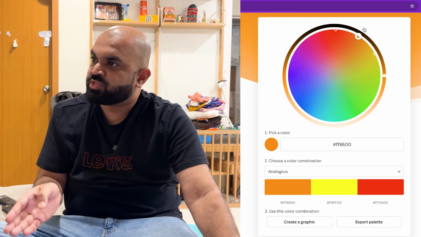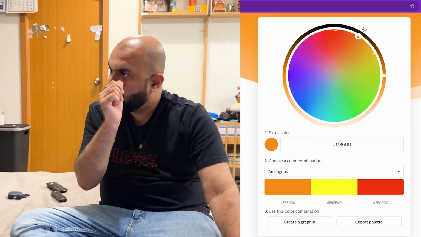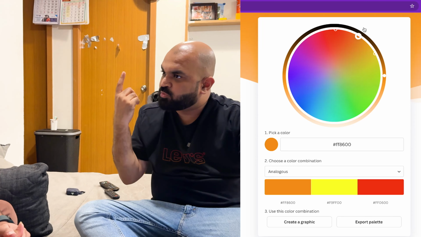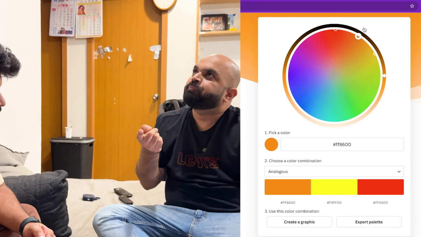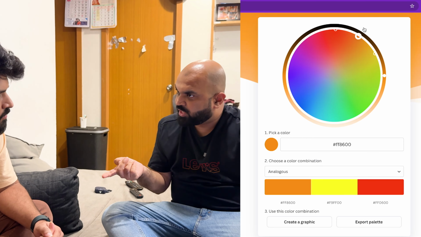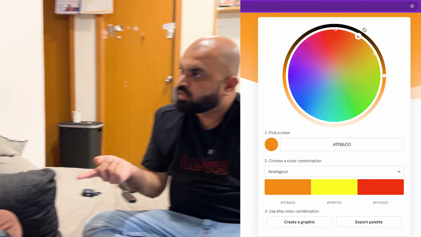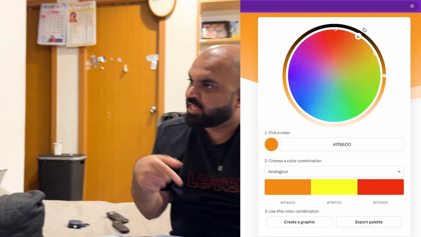If you consider VIBGYOR, violet to red, red has the highest wavelength, 700, and violet has the lowest wavelength, 400.